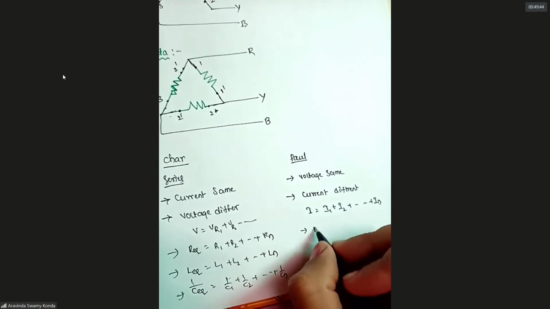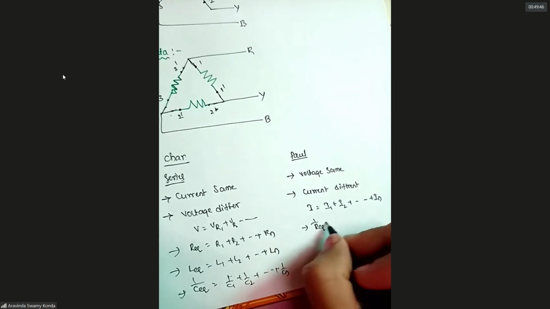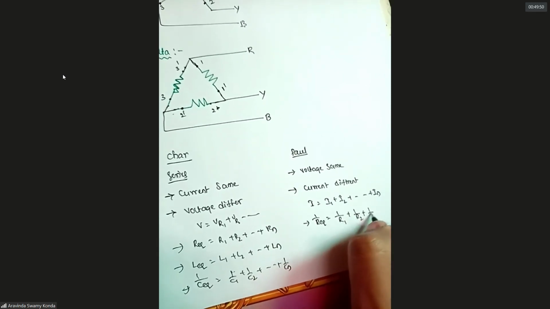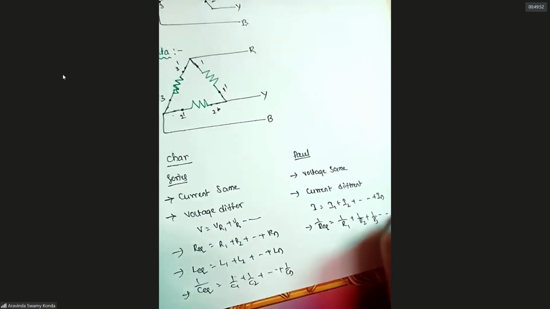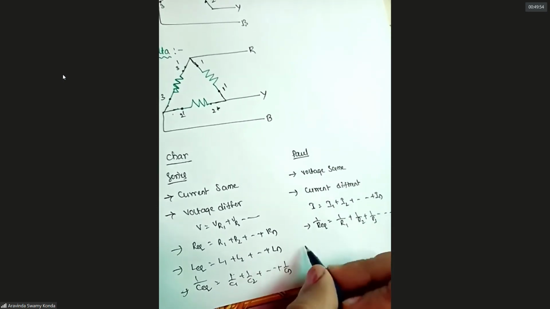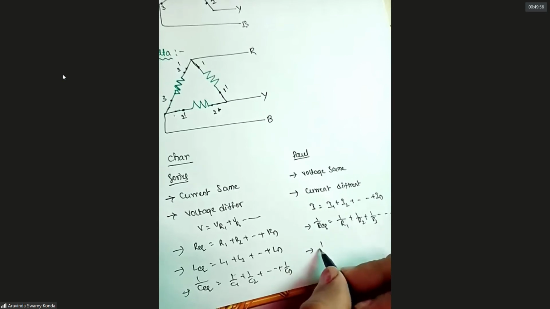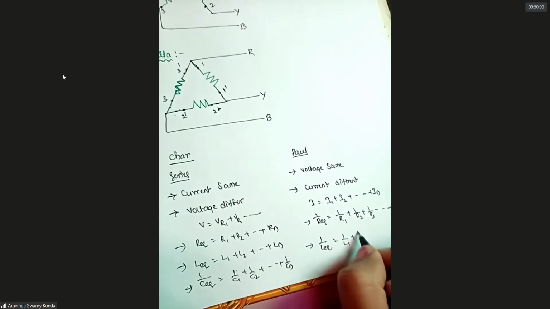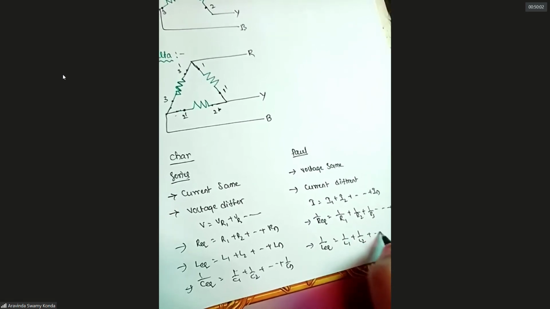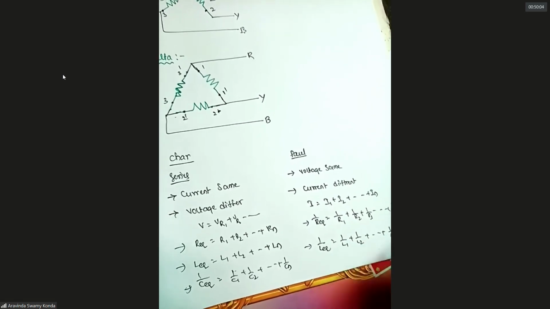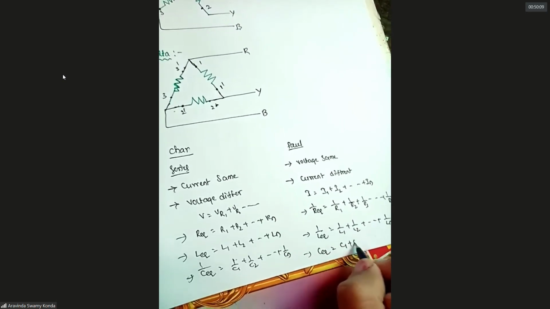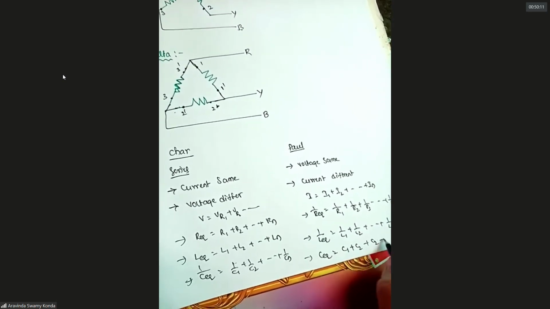So in parallel, 1 by R equivalent equal to 1 by R1 plus 1 by R2 plus 1 by R3 up to so on 1 by Rn. Next, 1 by L equivalent equal to 1 by L1 plus 1 by L2 up to so on 1 by Ln. And for capacitance, C equivalent equal to C1 plus C2 up to so on Cn.